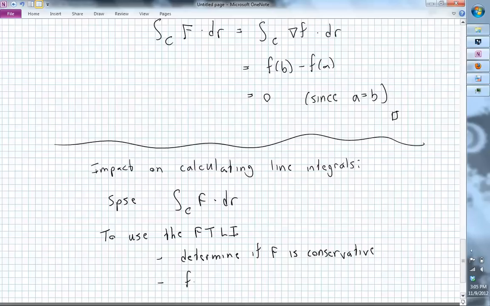And then second, I have to find little f. So to use the fundamental theorem of line integrals to compute this integral, these are the 2 steps.